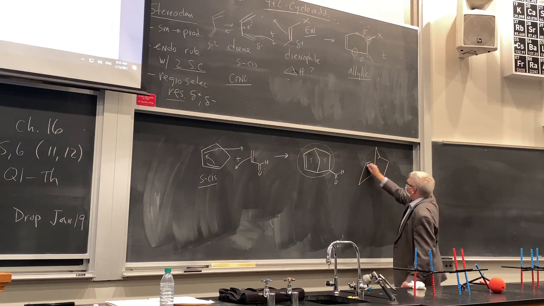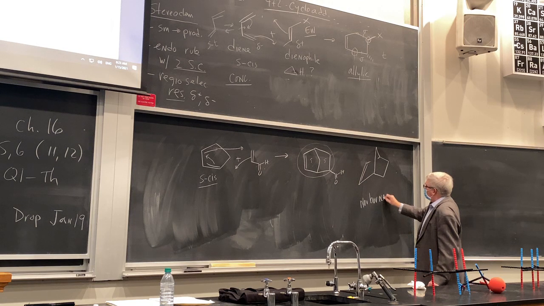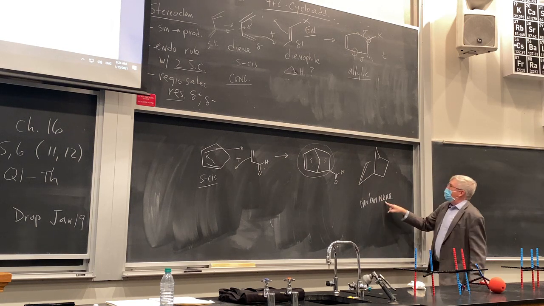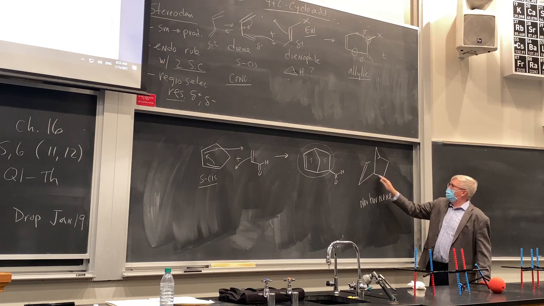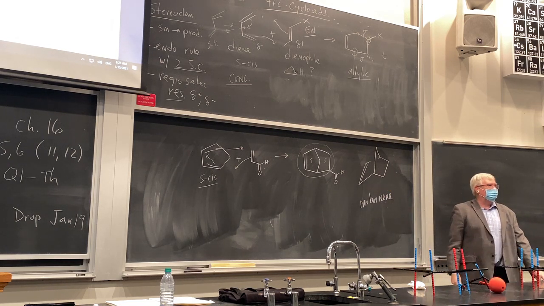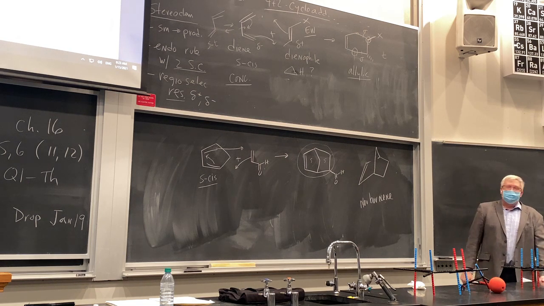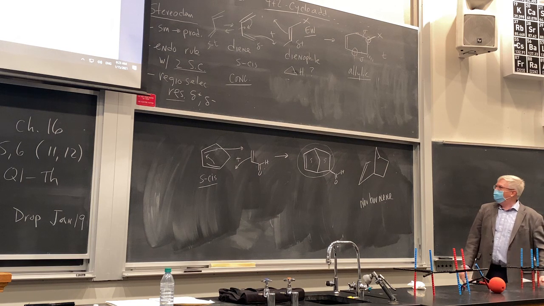Looks like this. Okay, it's called norbornene, or norbornane if this alkene wasn't here. That's a common polycyclic structure in a lot of plant materials, essential oils, a lot of very fragrant compounds. So this aldehyde product actually has a very pleasant smell.